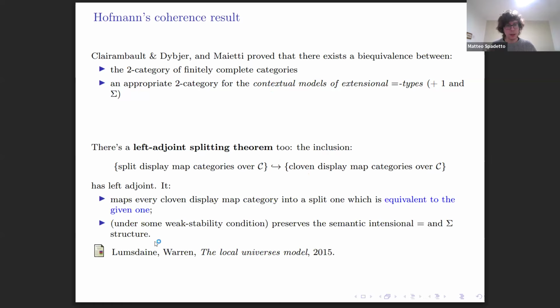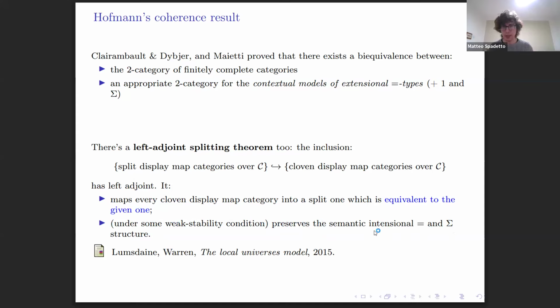Which, again, this time the unit of this adjunction is an equivalence, meaning that every cloven display map category will be mapped into a split one, equivalent to the given one, and under some weak stability conditions, again, this left adjoint preserves the semantic version of intensional identities and intensional sigmas.